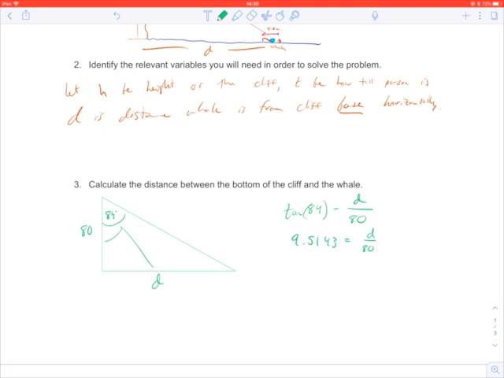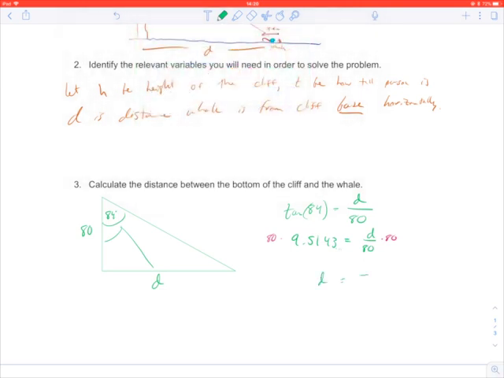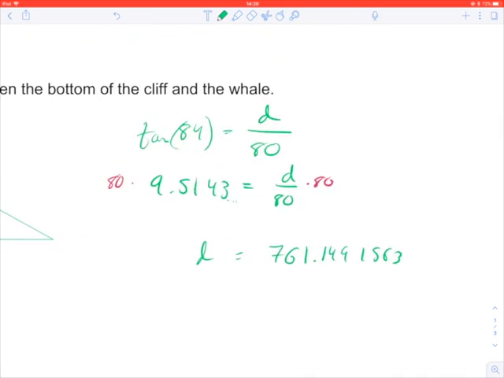As you work through this calculation, keep all the decimals you can. Instead of writing it out, I'm just going to multiply both sides by 80, and I got d is 761.1491563. I'm assuming it's in meters.